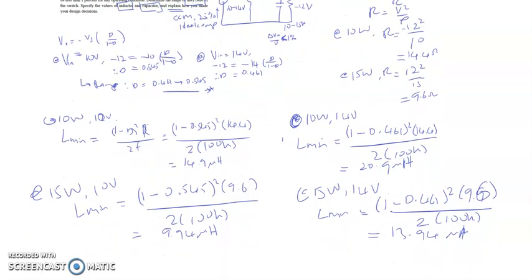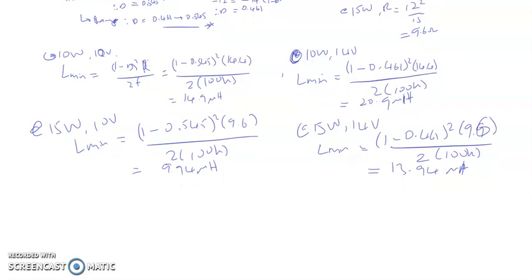So we have 4 values here now. Which one should you use as your design value? Is it this one, this one, or this one? In terms of L min, for all conditions, only this one can fulfill the criteria of CCM.